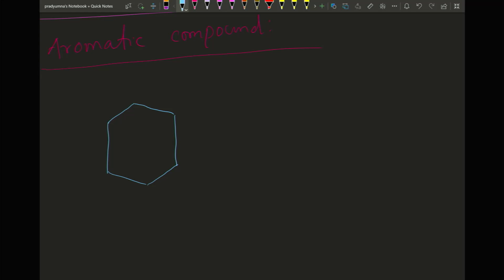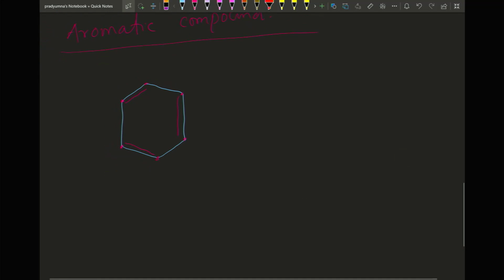So what is it? It has 6 carbon atoms, and all of these carbon atoms are connected by double bonds. You see the double bonds? These are alternate double bonds. So let's do an expanded structure, see how it looks.